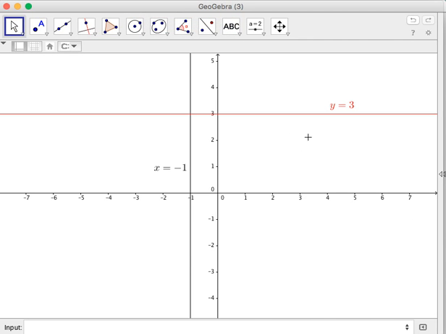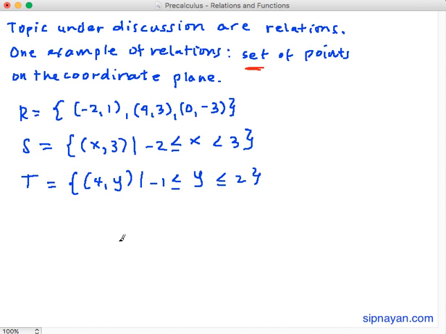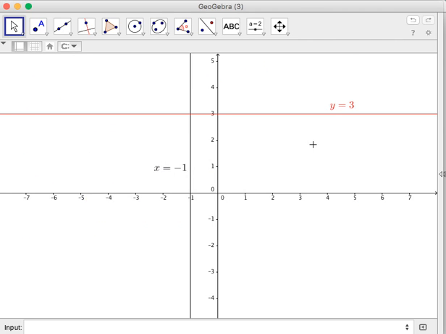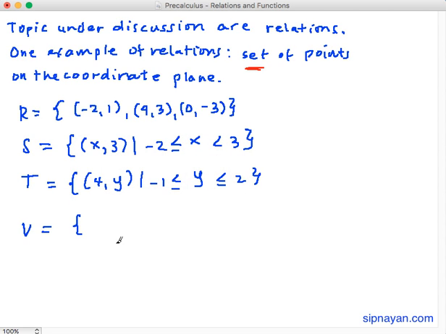Yung number 3, I think this is very familiar. This is just a line, the line y equals 3 and the line x equals negative 1. So, actually, pwede natin siyang isulat na the relation V, for example. Unahin natin yung horizontal. Y equals 3, di ba? Sa set notation, pwede natin siya sabihin na the ordered pair x, y such that y equals 3.